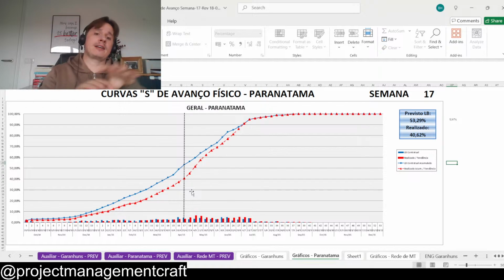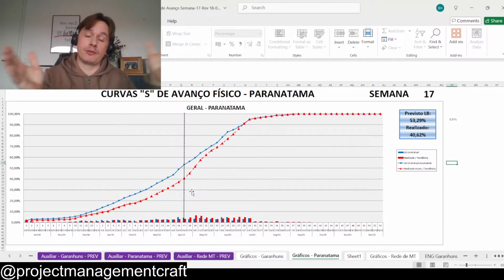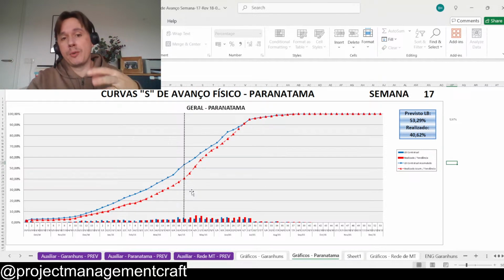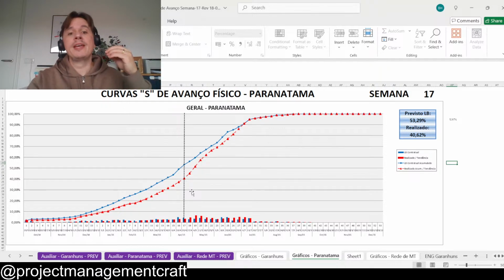In that example I mentioned, if you're building a house, the owner might accept the pool being delayed without major problem. But when the family wants to move in, the house needs to be ready. So the house will be the critical path, and things around it might be negotiable with some extra time. So that's also why it helps you in the prioritization.